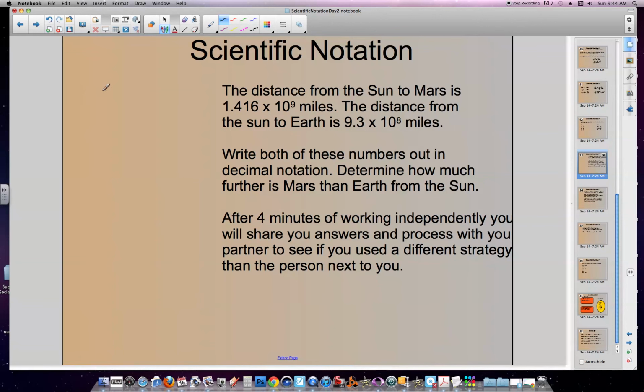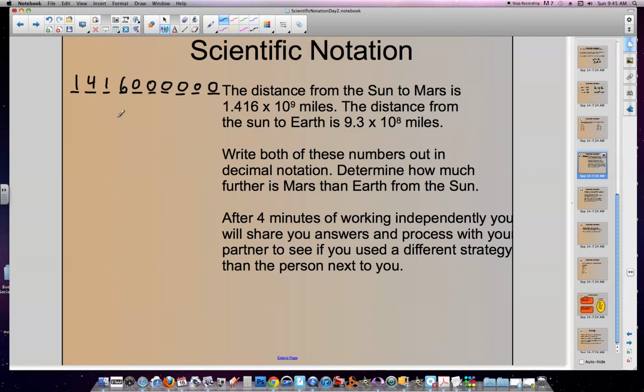So that 1, what's the 10s to the 9th place? That's to the 0, to the 1, to the 2, to the 3, to the 4, to the 5, to the 6, to the 7, to the 8, to the 9th. So there's a 1 there, and then to the right of that's 4, 1, 6, and the rest of these are zeros. So that's my decimal equivalent.